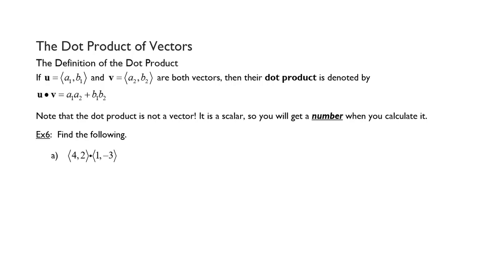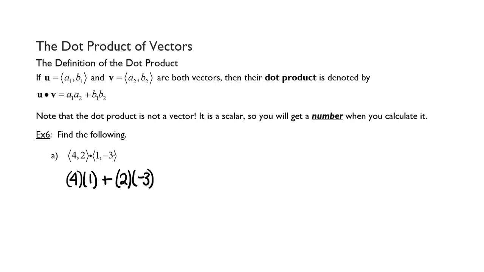Let's look at example 6. We're asked to find the dot product for components 4, 2 dotted with 1, negative 3. So I'm going to rewrite this as 4 times 1 plus 2 times negative 3.